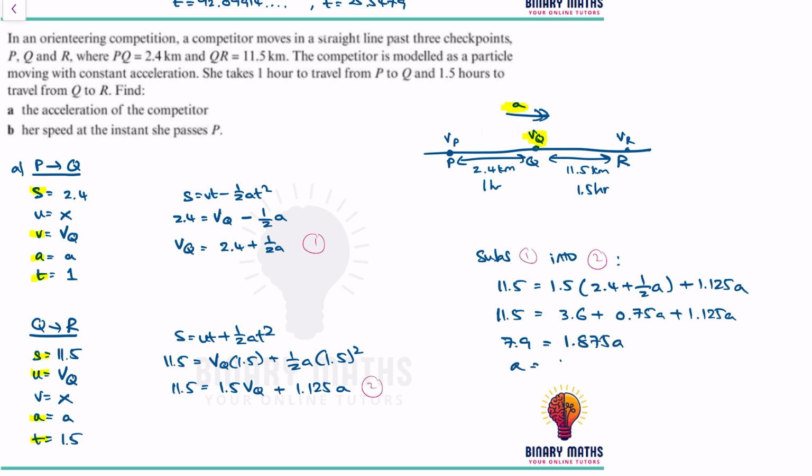So A is equal to 7.9 over 1.875, which means A is equal to 4.213 recurring, which is 4.21 meters per second squared. No, not meters per second. Kilometers per hour squared.